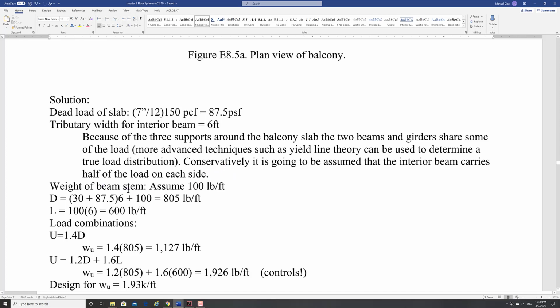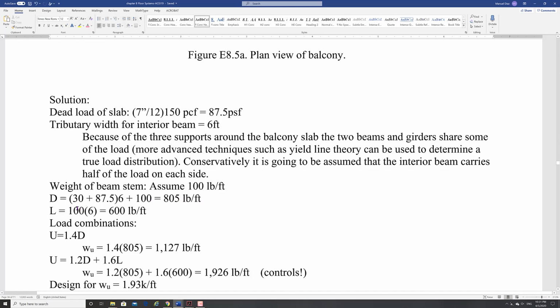So weight of the beam stem, we don't know because we don't have a size of the beam, right? So remember, you assume a value. I'm going to assume a value, and then I'm going to find my load here. 87.5 for the weight of the slab, multiplied by the tributary width, and then the weight of the beam that I assume, that gives me that in pounds per foot.